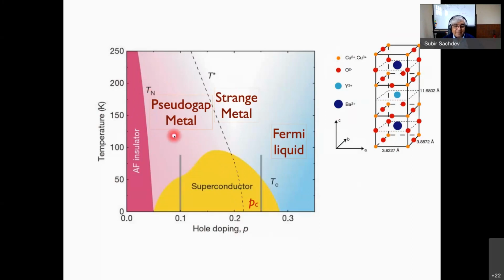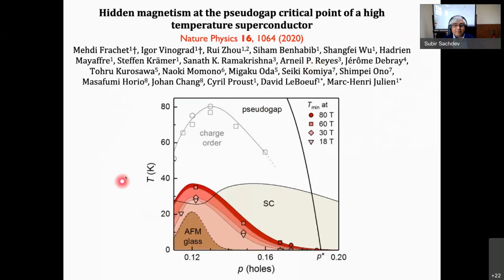For my discussion here, in the models that I've discussed, one of the most interesting observations is this relatively recent paper by the group of Montgomery, Julien, and Paris, of the observation of spin glass behavior at small doping.